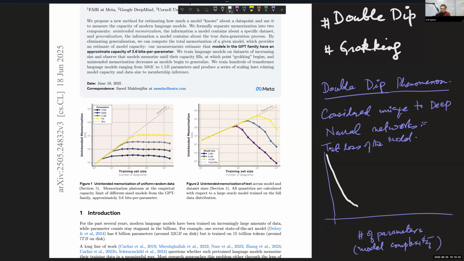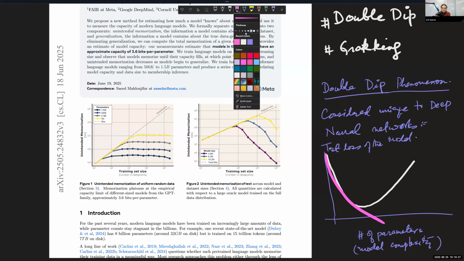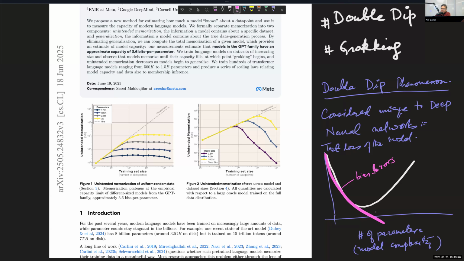It is the bias loss. But after a little while, it reaches a minimum. And then if you keep on increasing the number of parameters in the model, then the variance loss starts increasing. Because the loss is made up of two terms: the bias errors, and then the variance errors.